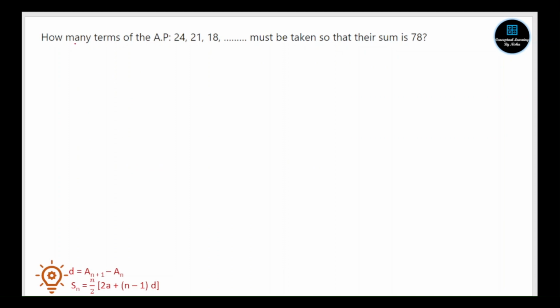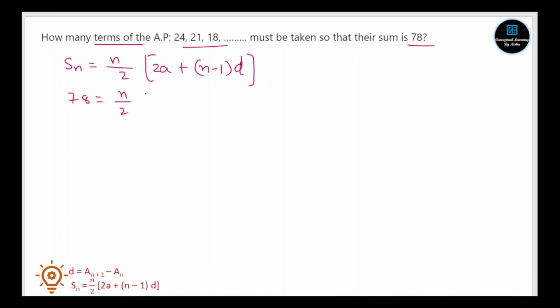Here we have to find the number of terms, where the AP is given and its sum is given. So the sum of n terms, Sn, equals n upon 2 into (2a plus (n minus 1) into d). Here the sum is 78, so I'll put 78 equals n upon 2 into 2 times the first term, which is 24, and the common difference is minus 3.